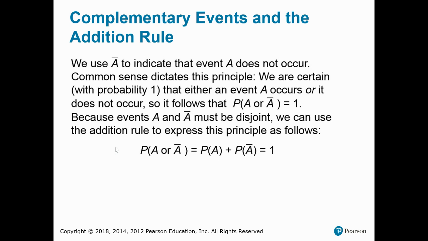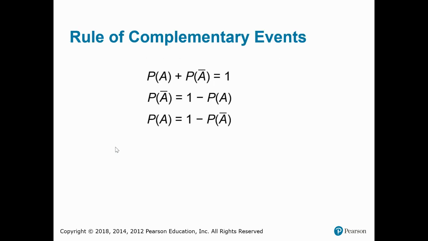Now, what that allows us to do is manipulate that little formula so that we can find the probability of the complement pretty quickly by just subtracting the probability of the event from 1. When you're dealing with a deck of cards, that's only 52 things.